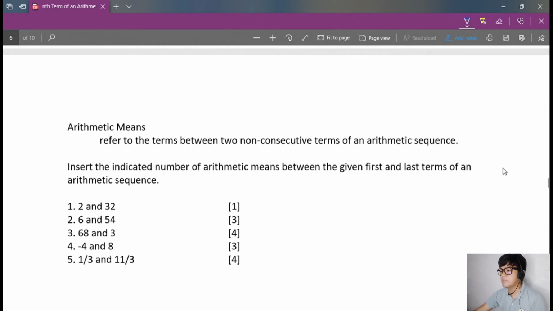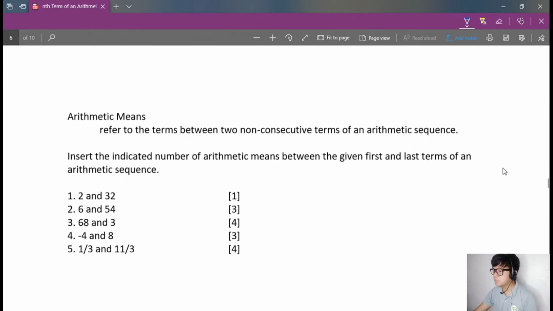So, anong arithmetic means? Arithmetic means refer to the terms between two non-consecutive terms of an arithmetic sequence. Kumbaga, ito yung sa gitna ng dalawang terms na hindi magkasunod. Halimbawa, meron tayong arithmetic sequence na 2, 4, 6, 8, 10.